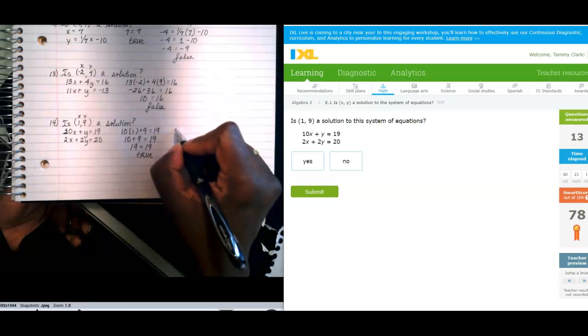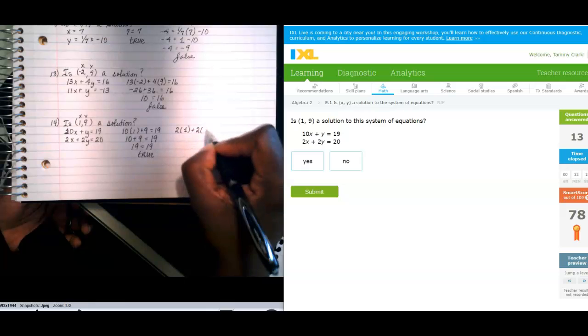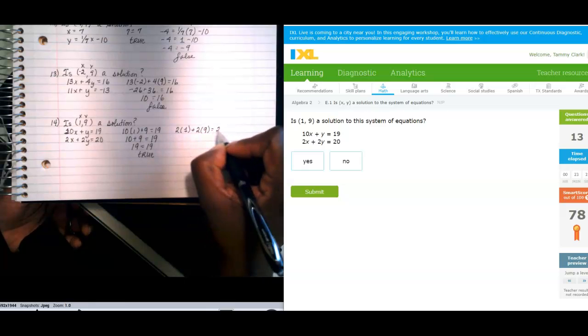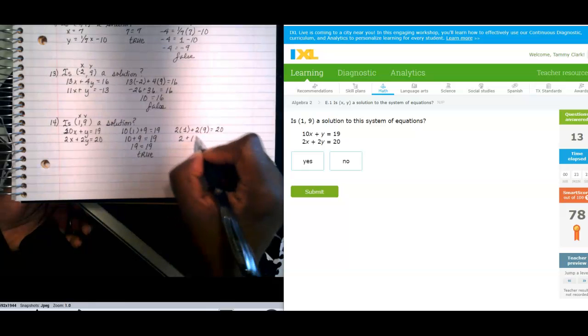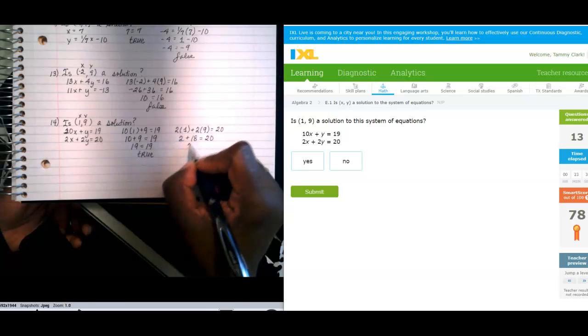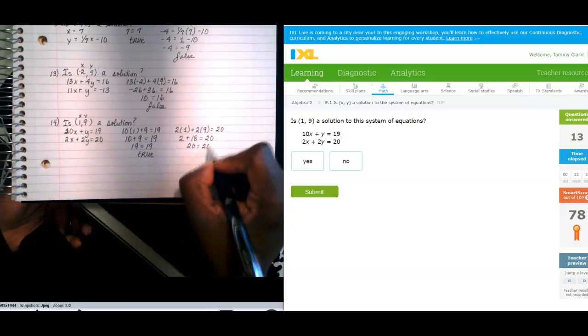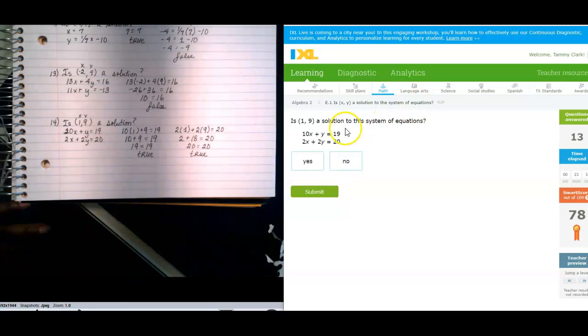Then we test the other equation. 2 multiplied by 1 plus 2 multiplied by 9. Does that equal 20? Well, 2 times 1 is 2. 2 times 9 is 18. 2 plus 18 is 20, and 20 does equal 20, so that is true. So ordered pair (1, 9) does make the system of equations true.